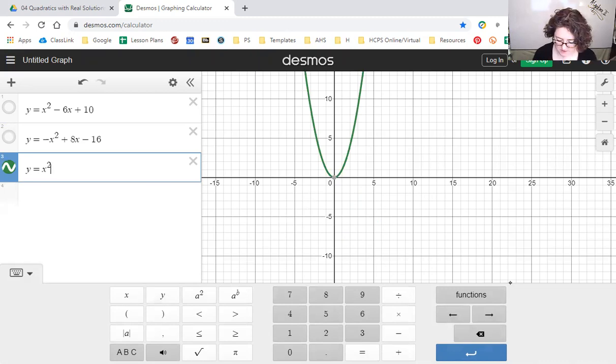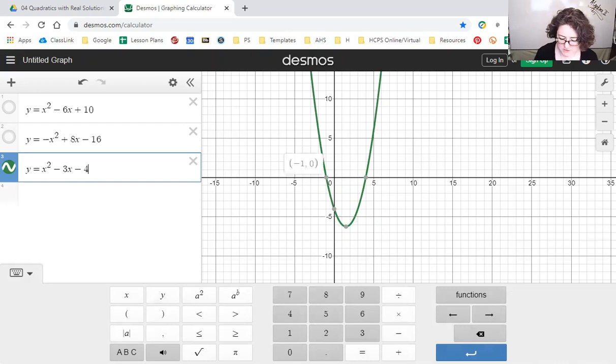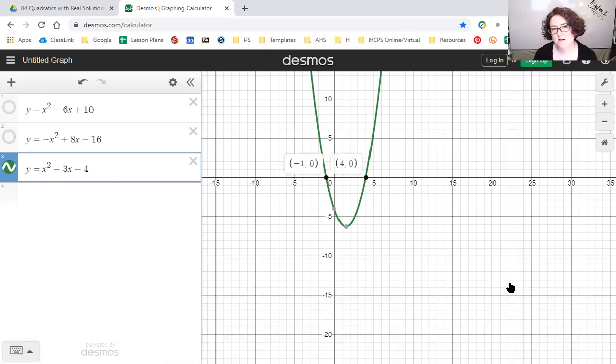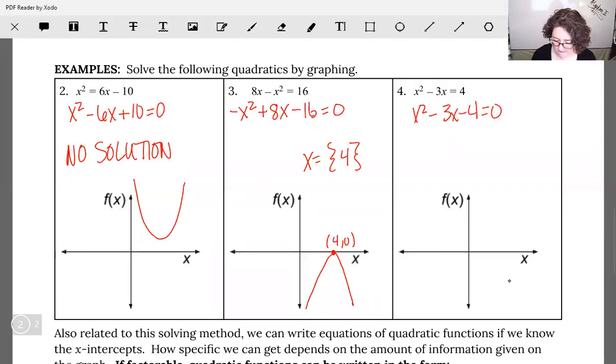You can absolutely use your arrows to move to a new place in the equation. And then we subtracted a 4. So this one, we have intersections happening at -1 and 4. So let's sketch that out. So -1 and 4. So our solutions for x are -1 and 4.